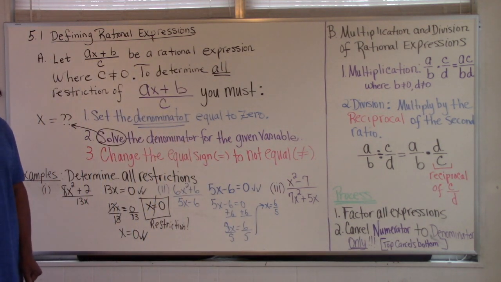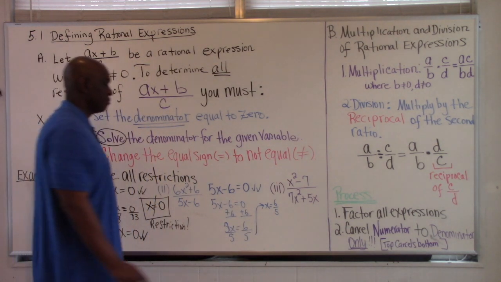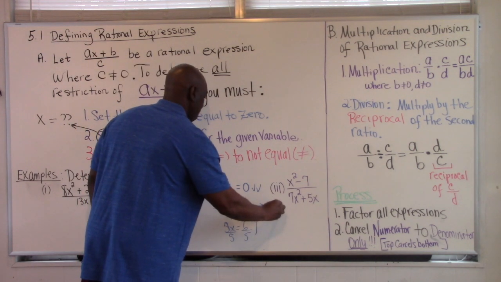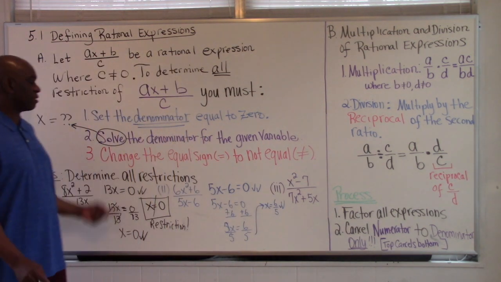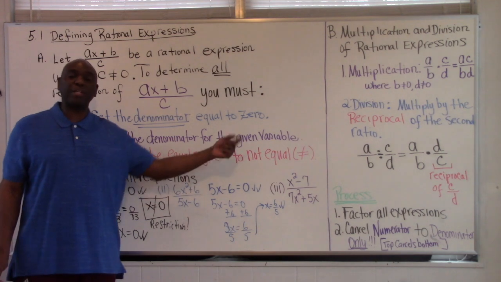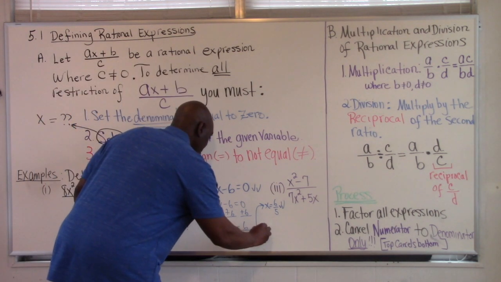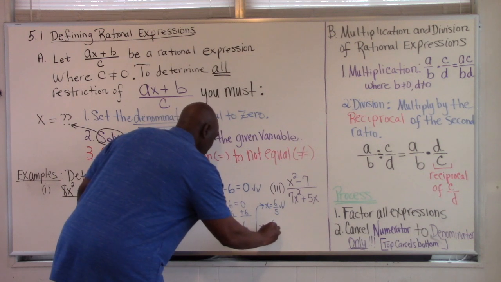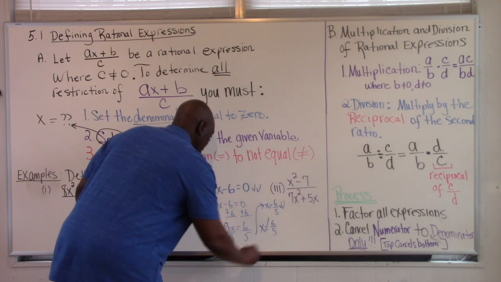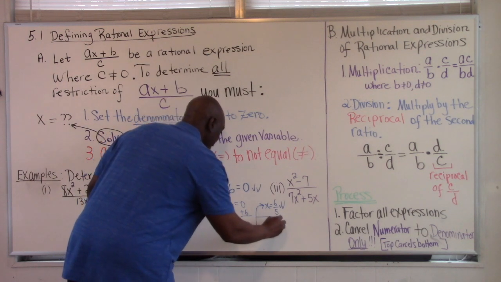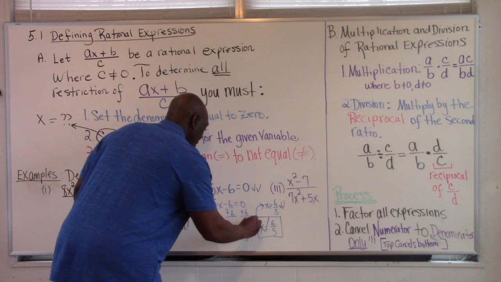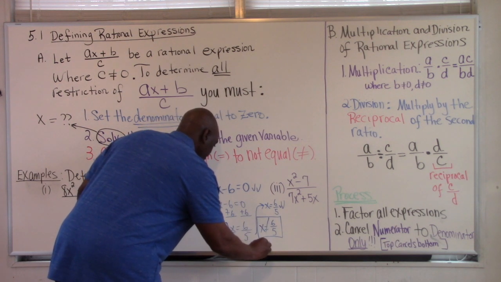Okay. Check. Step 2, done. Check, check, done. Last thing, last step. Change the equal sign to a not equal sign. So if we have x equal 6 over 5, if I put a slash there, that's the final answer. And this is the restriction.